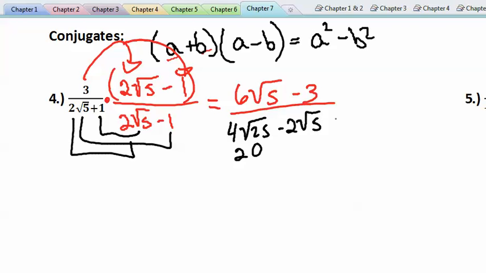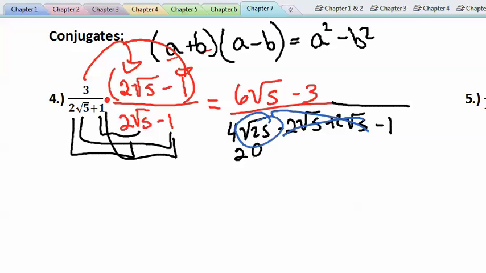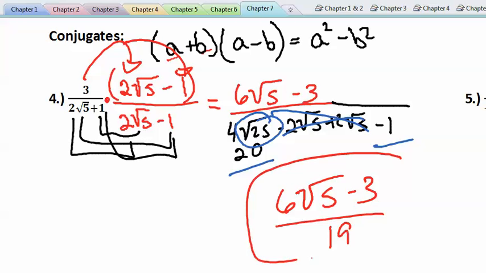The inner, plus 2 square root of 5. And finally the last, which would be minus 1. What should always happen with the conjugates is the middle terms cancel out. And because this is squared, your first term and your last term will not have any radicals in it. So my answer will be 6 square root of 5 minus 3 over 19.